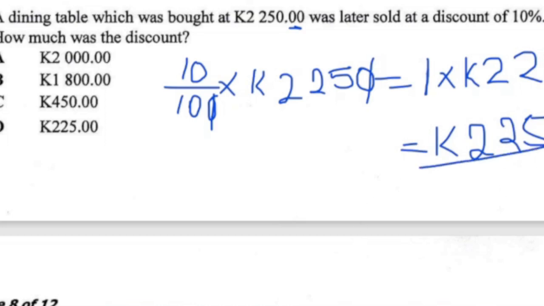So this is the discount that was there, 225 kwacha. The correct answer is D, because here they are just asking us to find the discount. How much was the discount? The discount was 225.